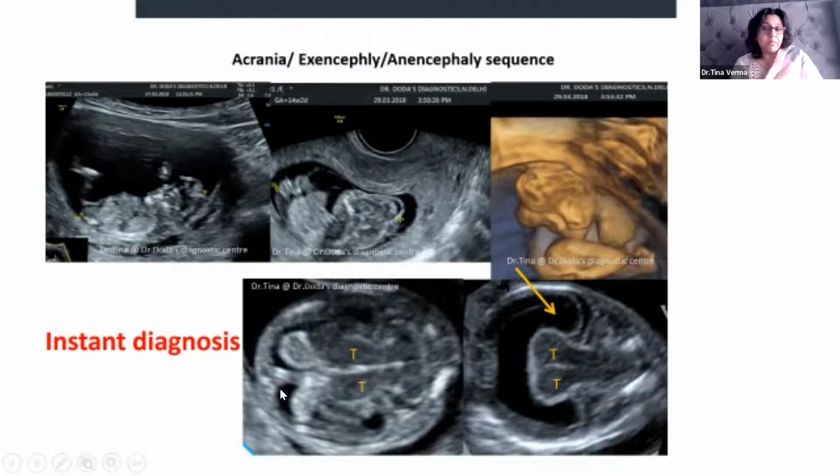Here, I am not able to see this interhemispheric fissure separating the two anterior horns. There is a single monoventricle here, and the thalami appear to be fused. Holoprosencephaly. These two are lethal abnormalities and can be detected as early as 12 to 13 weeks by a simple CRL and a BPD image.